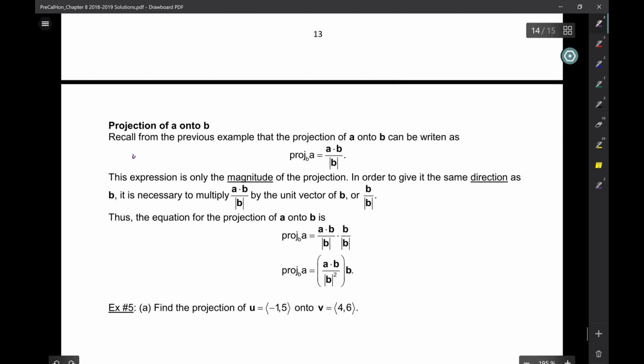So look at how we started. We said A dot B is equal to magnitude of A cosine theta times magnitude of B. Now, if I divide by magnitude of B, I have A cosine theta. Okay? So the length is A dot B over the magnitude of B. This is the length of the projection.